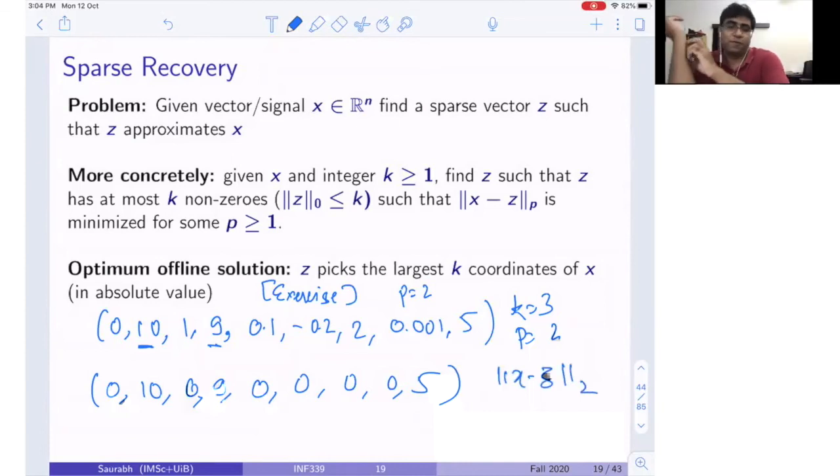So the offline solution for these problems is very easy. But if I did not give you a vector x, but gave you x in R^(n×n), a matrix, and then asked you this question, then this problem is NP-complete for almost all p. But for a vector, this is polytime solvable.